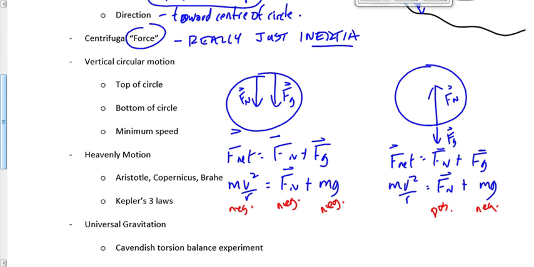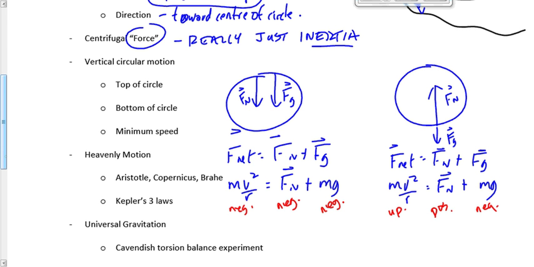The net force, part of it's up, part of it's down. What's the total, up or down? Yep, good. It's going to be up. We know that because if you're moving in a circle, the net force has to be toward the center of the circle, and the center of the circle is upwards from you.